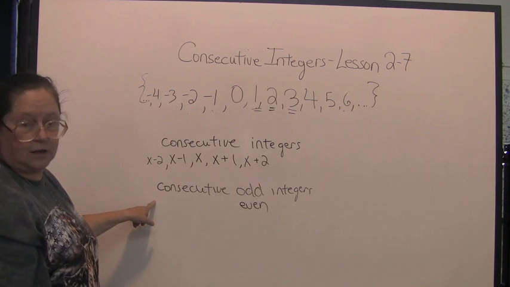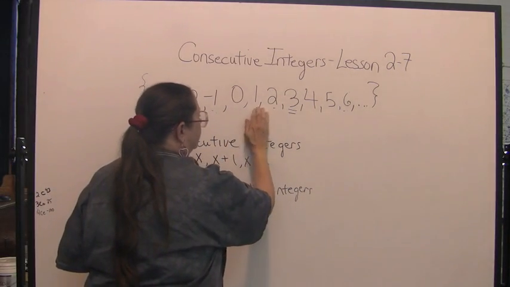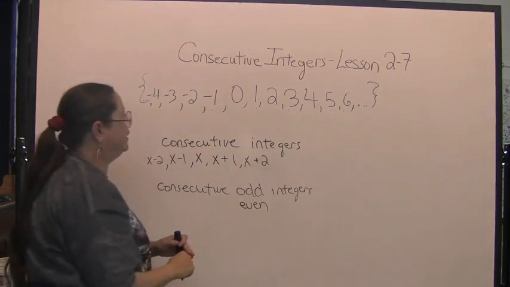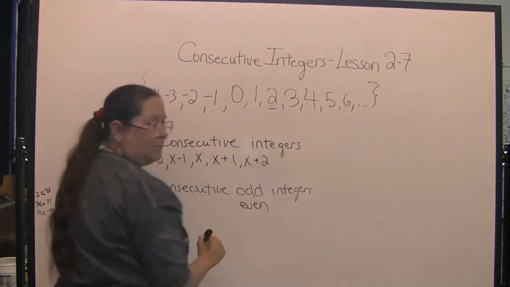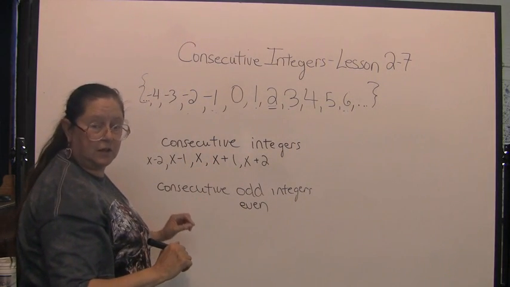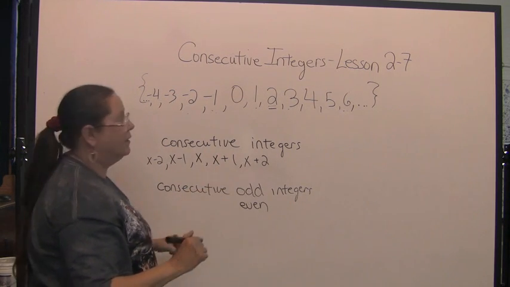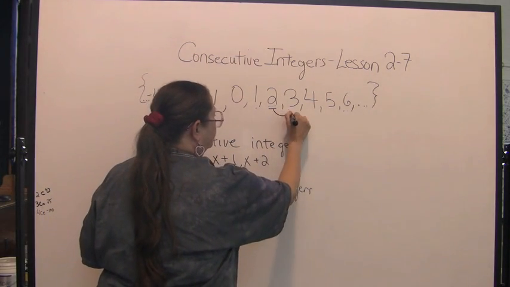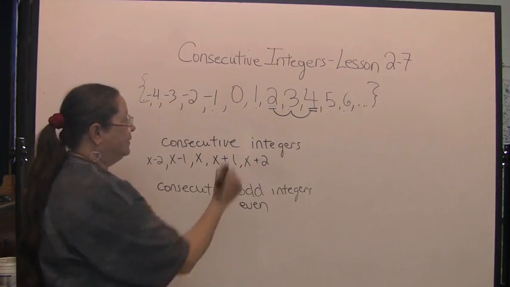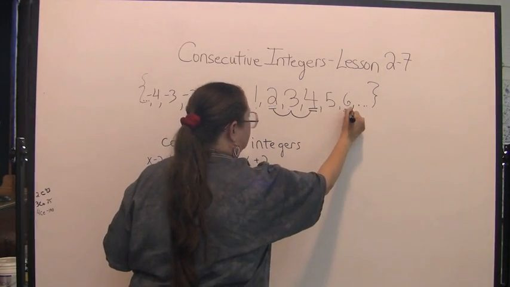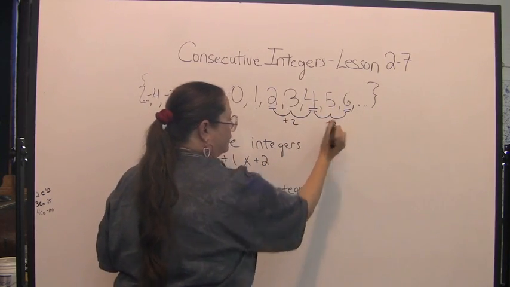Now, for odd and even integers, though, let's say I'm starting at 2. To get to my next consecutive even integer, I don't add 1 each time, I add 2, because I'm going 2 positions. To get from 4 to 6, I add 2.